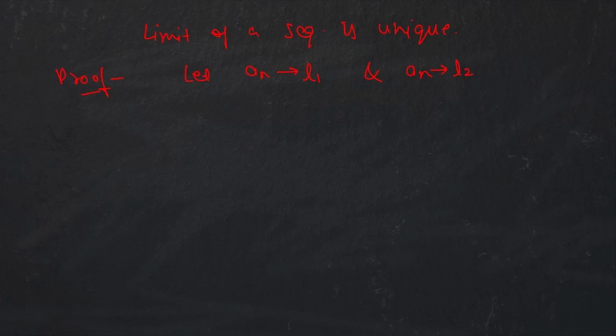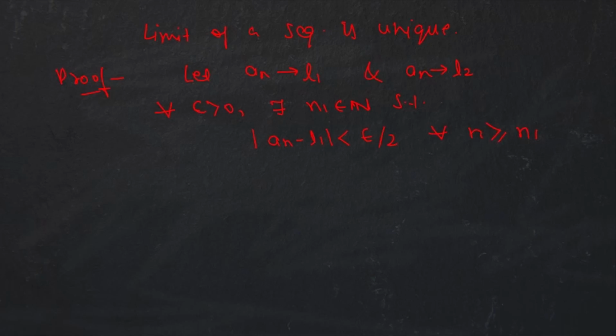By the definition of convergence, for every epsilon greater than 0 there exists n1 in the natural numbers such that |a_n - L1| < epsilon/2 for all n greater than or equal to n1, right?